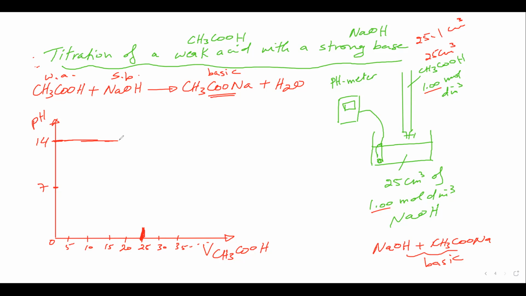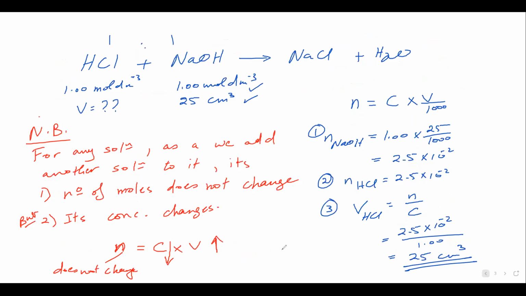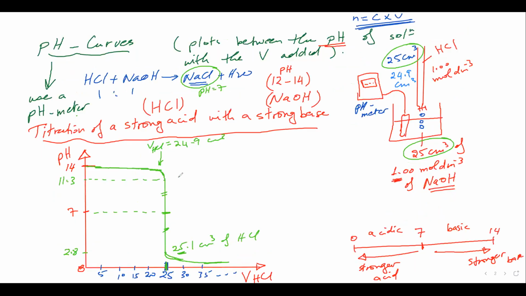So what we will see here is also at 24.9, we are going to see a drop in pH at the 25 centimeter cube. But here you will see that the curve will not go down as in case of HCl. You see the steepness was too long because we are changing from pH 11 to pH 3.